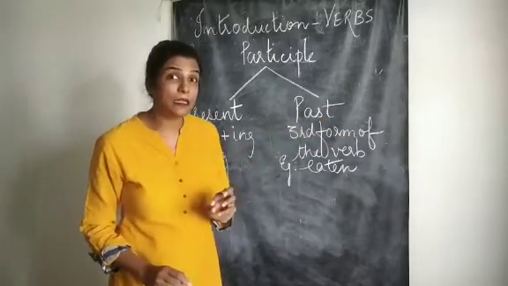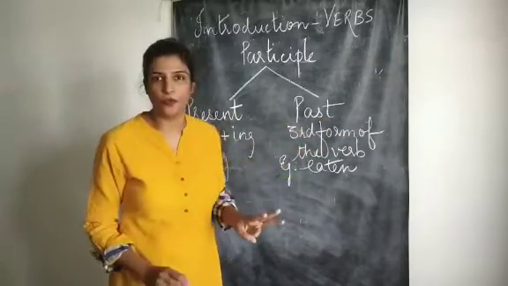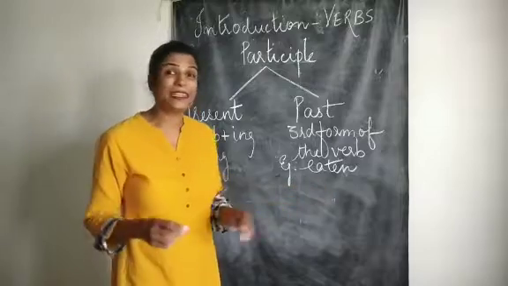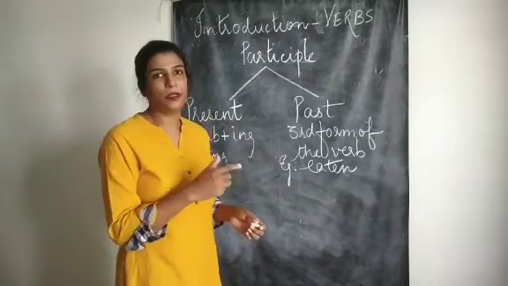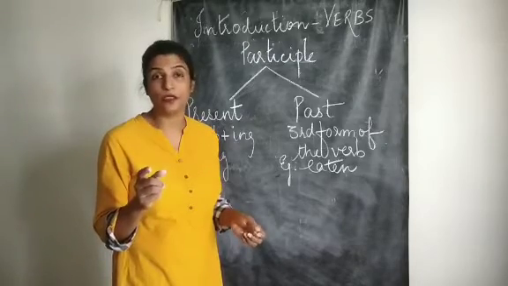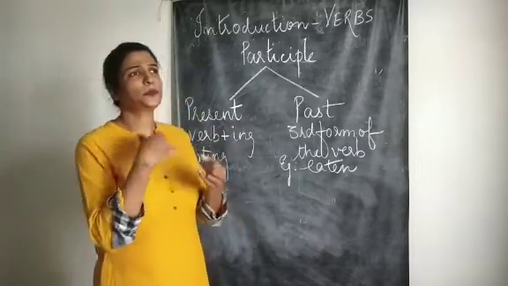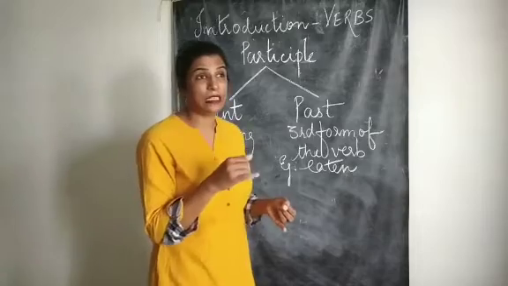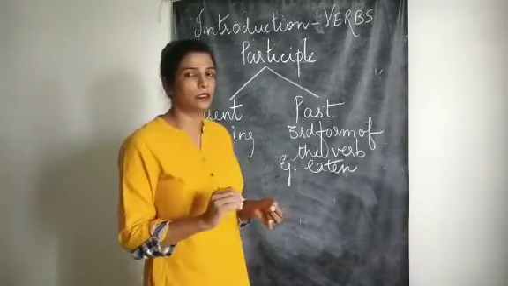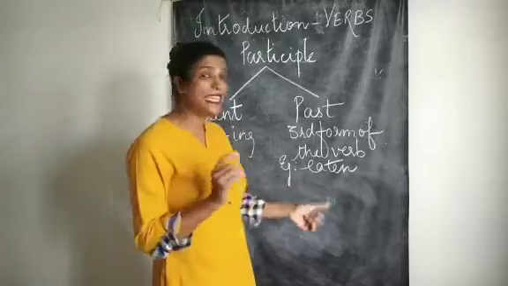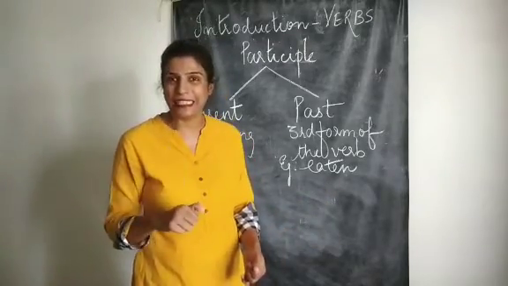Now, the past participle is the third form of the verb, which ends with N. Most of the verbs don't have this form, but there are certain verbs which have it, like drink, drank, drunk. So the word drunk is the third form of the verb. You have eat, ate, eaten.